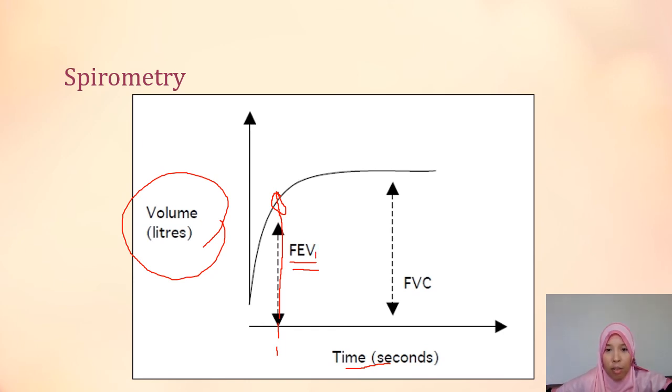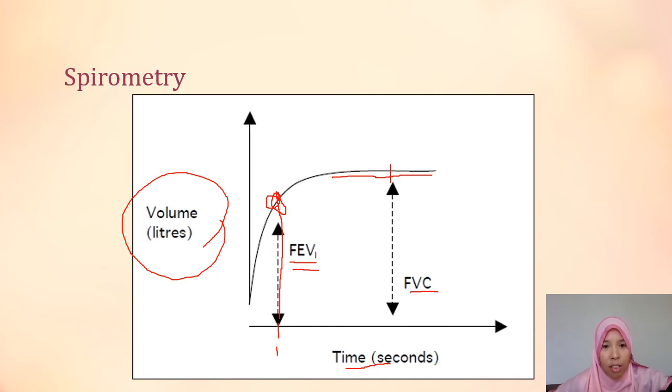FEV1 is whatever value you find at this point. And then you take the maximum level of this graph. You can see the maximum level, for example, is this one. And you can calculate the FVC, the forced vital capacity. So this is what this is all about.